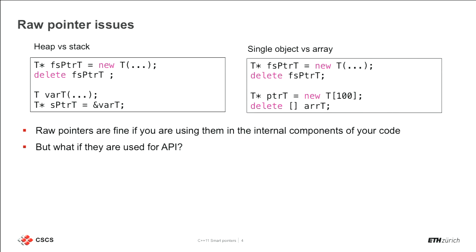Some problems can arise if you start to use the raw pointer in the interface of your library. If you're thinking about providing an API for other users that will use it for development of their code, it can be dangerous to provide this kind of pointer in the interface of a function.